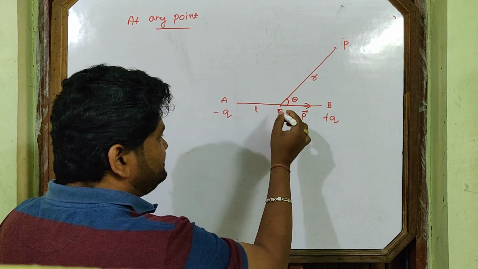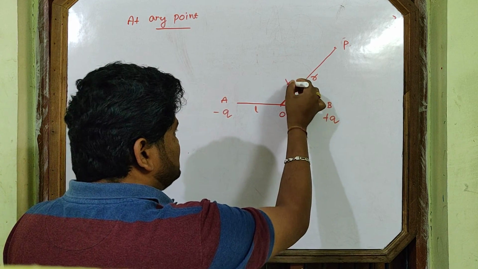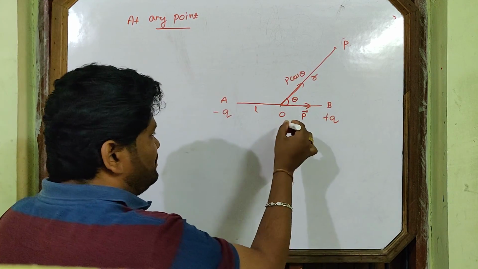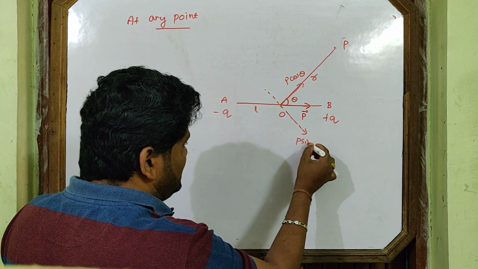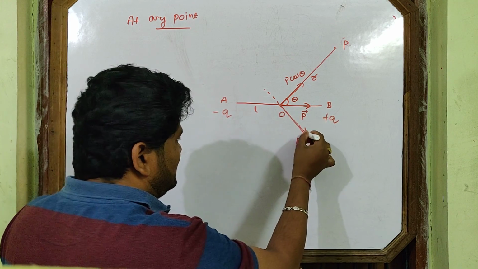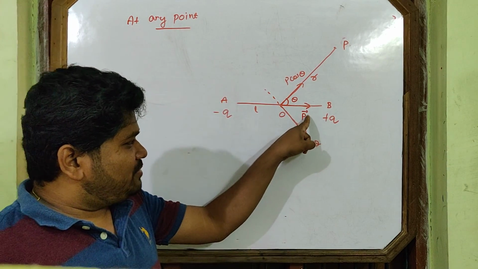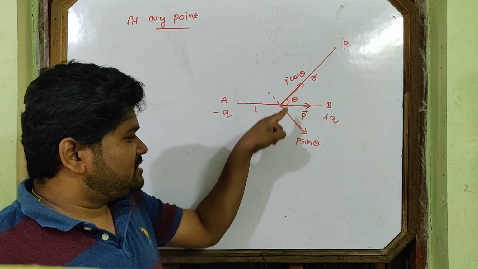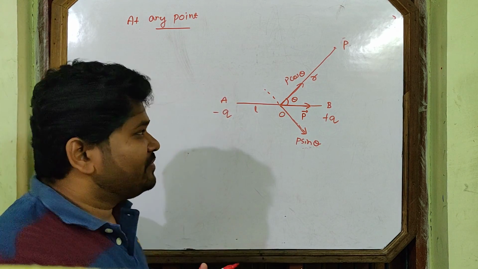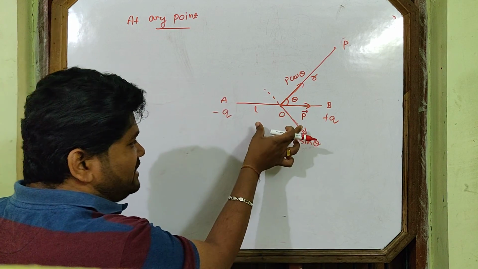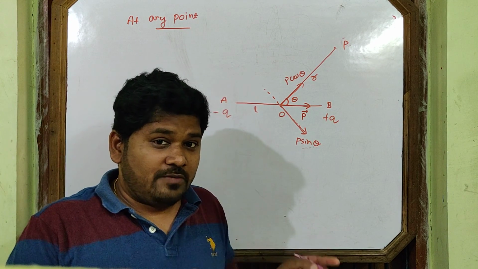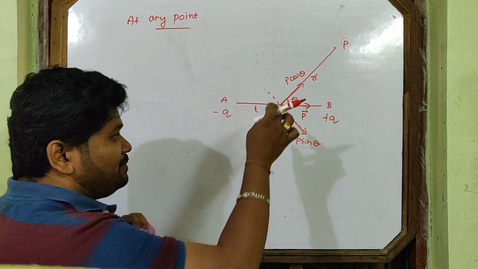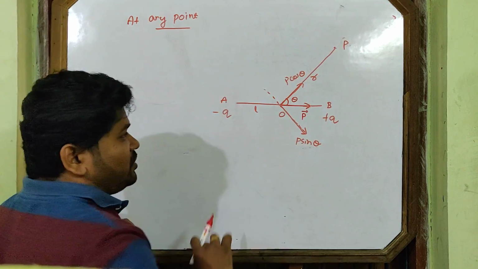Along r, this component is p cos theta. Perpendicular to r, this component is p sin theta. So the dipole moment is resolved into two components, p cos theta and p sin theta. Now I split the dipole into two dipoles. For this dipole, P point is on which line?